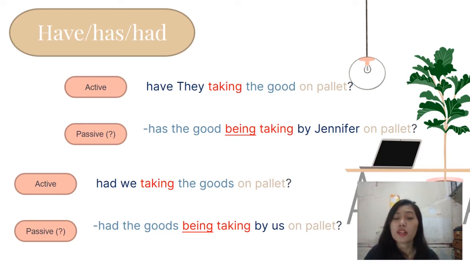If we change to passive interrogative, have the goods been taken by them? And the last sample, had we taken the goods on pallet? If we change to passive interrogative, had the goods been taken by us on pallet?